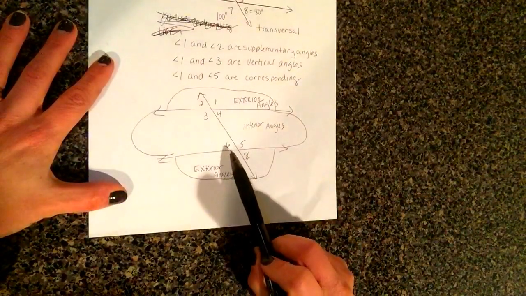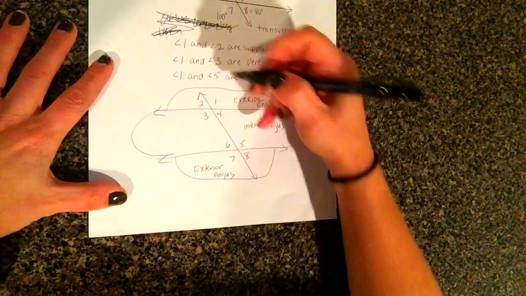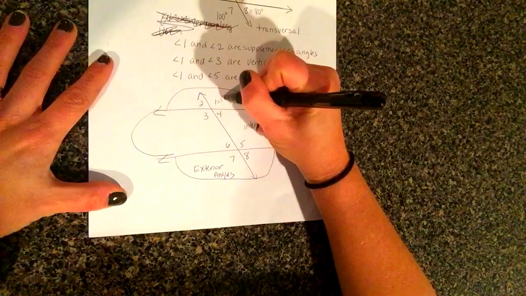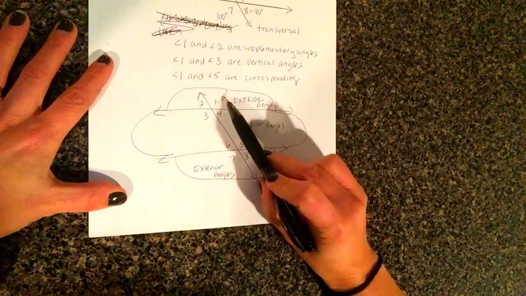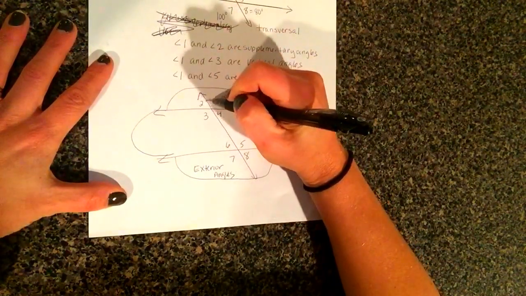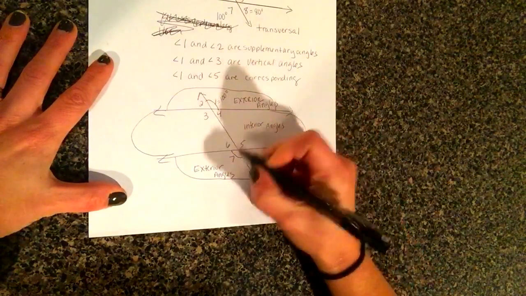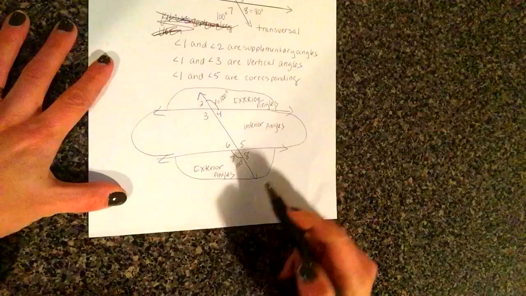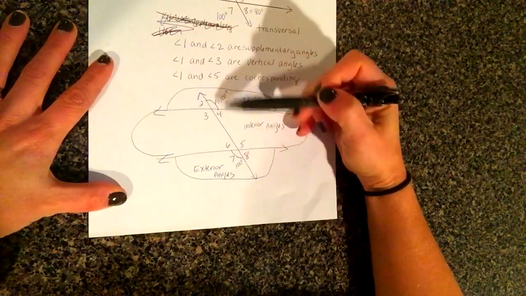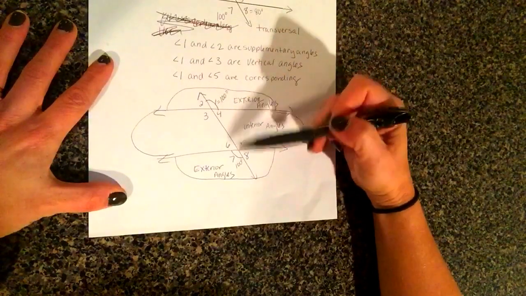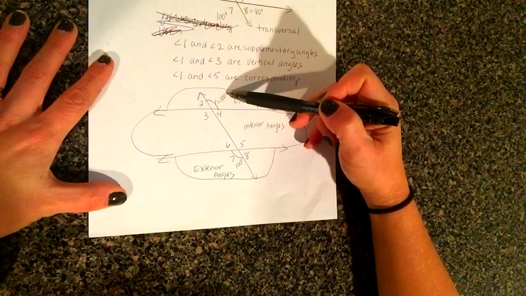So what you need to know is if I give you an exterior angle, let's say this is 100 again, then I know that this angle and angle 7 are the same. And the reason I know that is because if they're on alternate sides of the transversal and they're on the outside, or the exterior, they're the same.